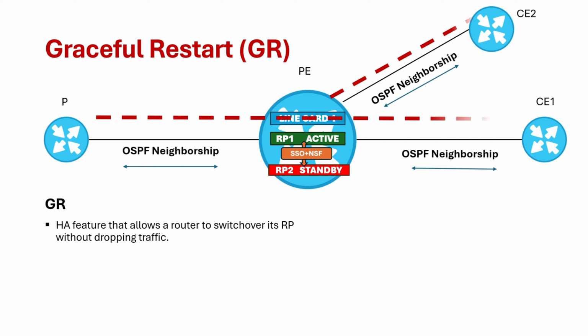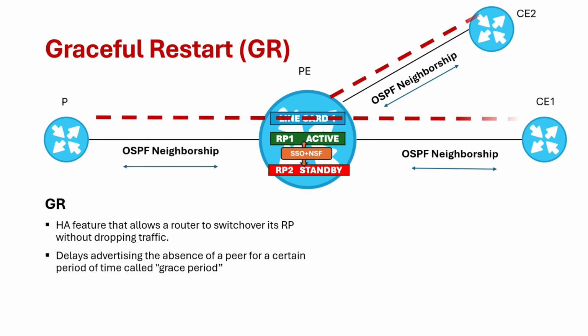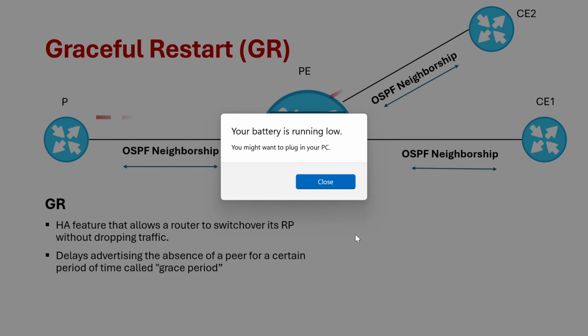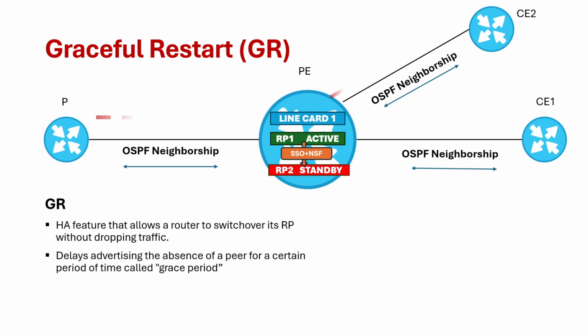So GR refers to the capability of the control plane to delay advertising the absence of a peer for a grace period and allow the failure or switchover of an RP to go undetected for a period of time.